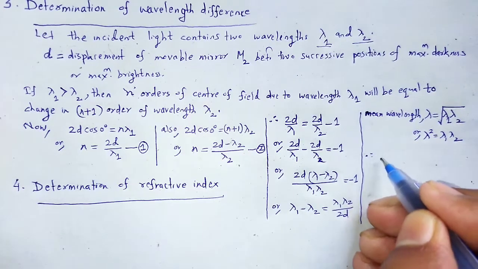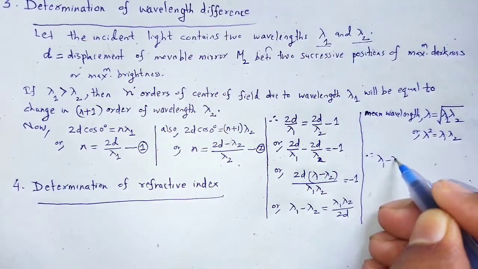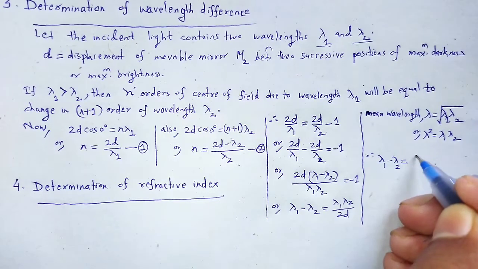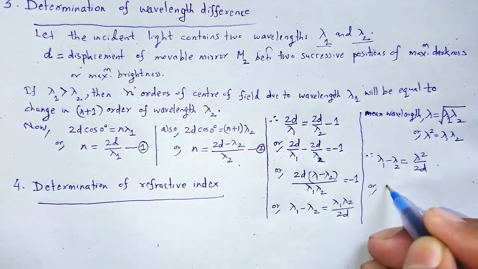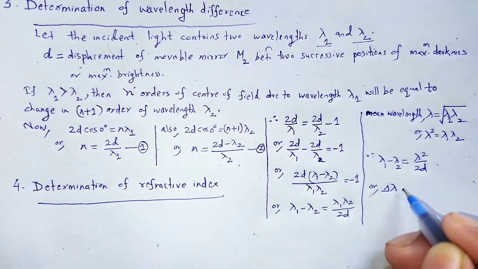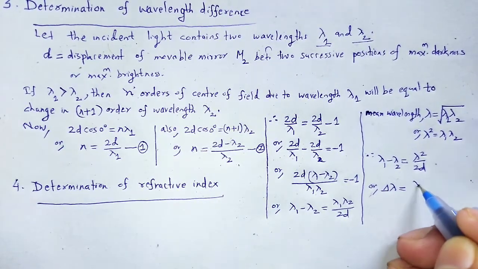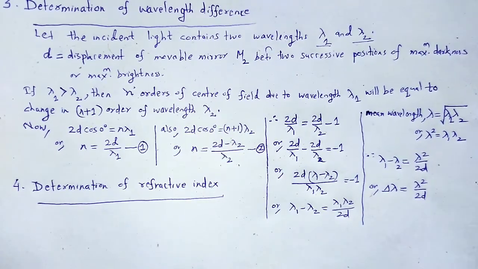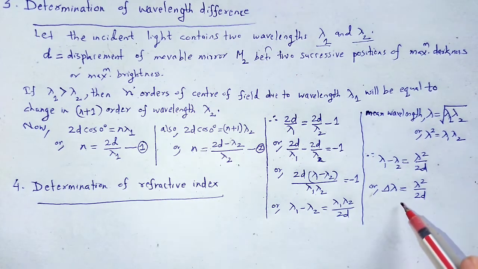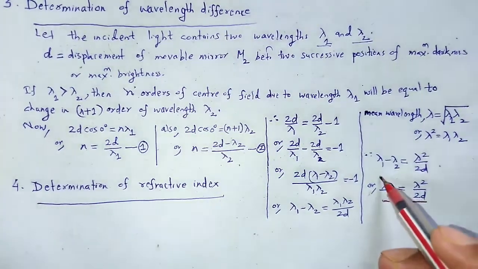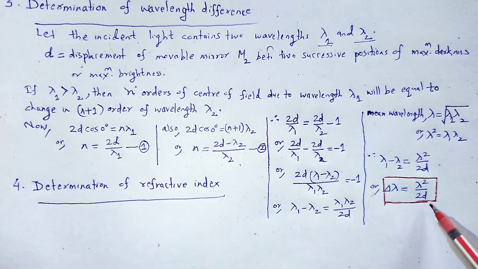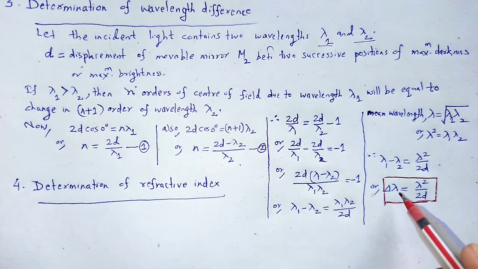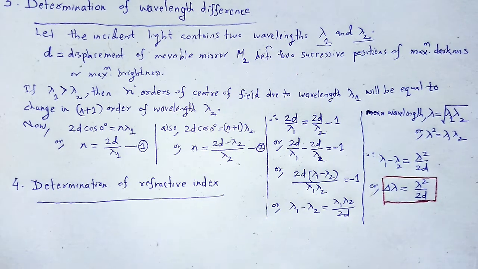Therefore, the difference in wavelength lambda 1 minus lambda 2 is equal to lambda square divided by 2d. Let me take del lambda as the change in wavelength or difference in wavelength, equal to lambda square divided by 2d. So, in order to get the change in wavelength, we have to know the values of lambda and d. Then putting these values, we can easily calculate the change in wavelength del lambda.